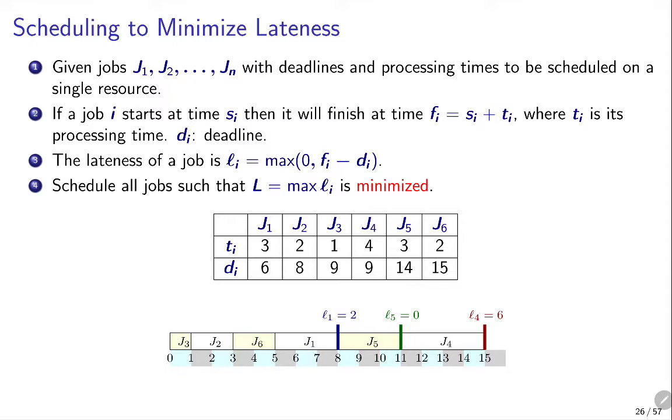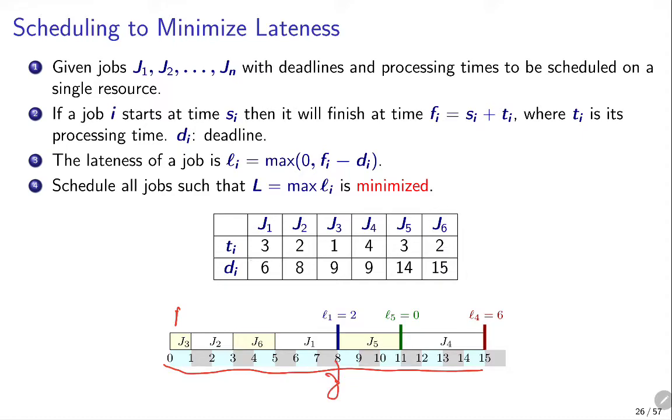Okay? So there is a specific example here, right? Because we have the time schedule, and we have the jobs. And if we do J3, it is 1 unit, so we do it first, right? And let's assume that if we do it in this order, then J1 is completed at time 8, right?